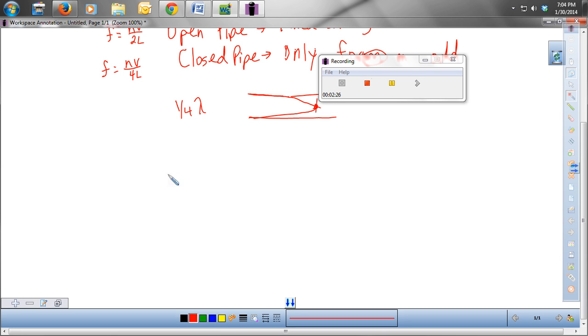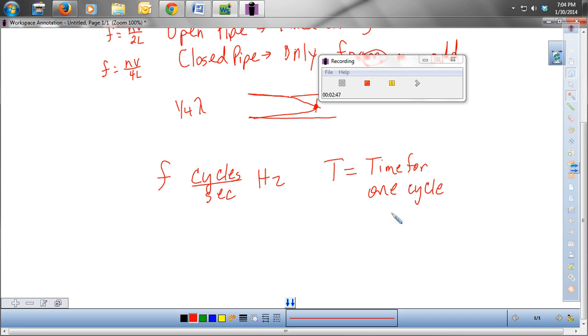Remember that we've talked about frequency, the cycles per second, which is hertz. And we've talked about period, which is the time for one cycle, measured in seconds, and they're related by T is equal to 1 over F.